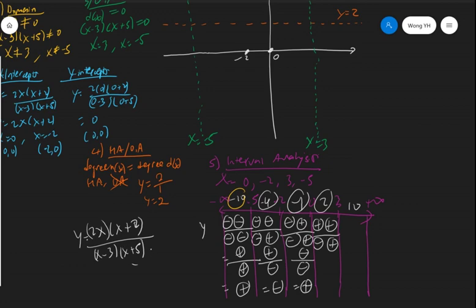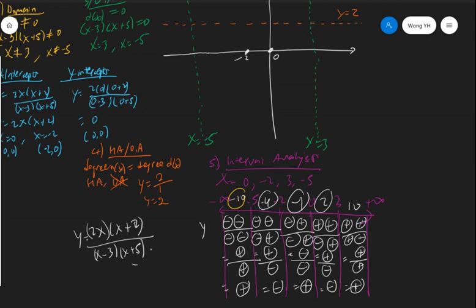So on top will be plus, below will be negative, so overall will be negative. Okay, the last one, of course, definitely all will be plus here. Plus, plus, divide by plus and plus as well. So overall is plus divided by plus. So overall we get plus.